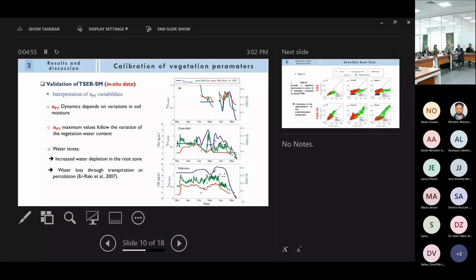And the maximum of the coefficient values follows the variation of the vegetation water content. We also see that during stress there is a decrease of the coefficient, because sometimes there is an increase in water depletion in the root zone, or there is a problem of water loss through transpiration or through percolation, as justified in a paper by Salah.